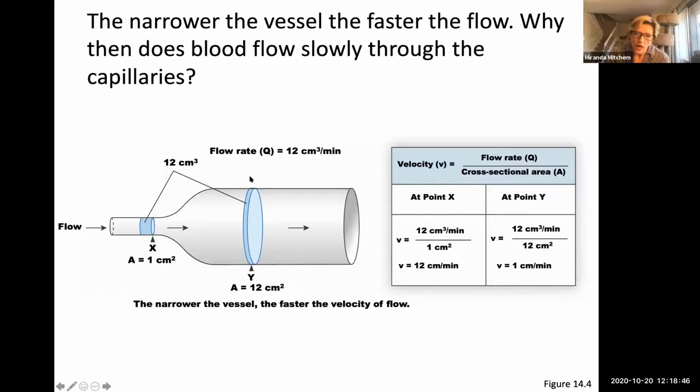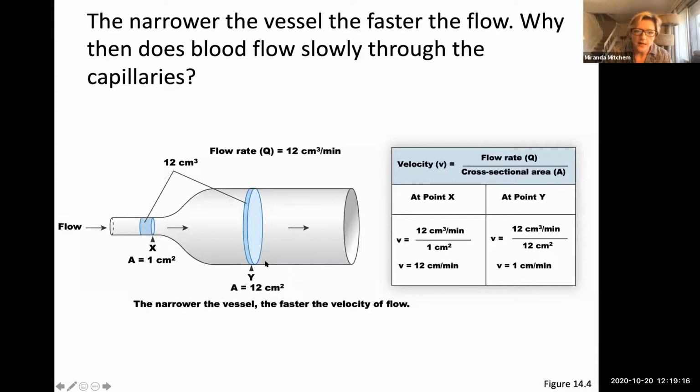But at point Y, where it's much wider, look how much slower the velocity is. It's 1 centimeter per minute because it's so wide now. It's like a small lake feeding into a bigger body of water. There's so much space out there that it effectively dilutes the velocity or the flow.